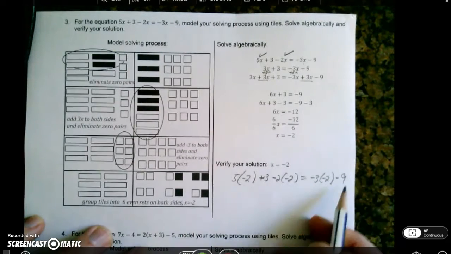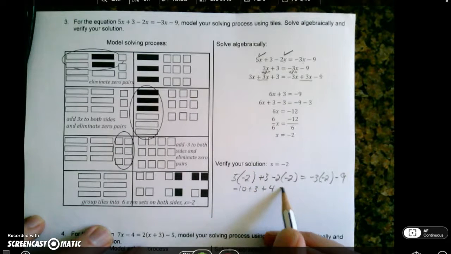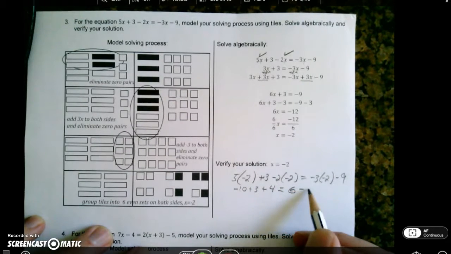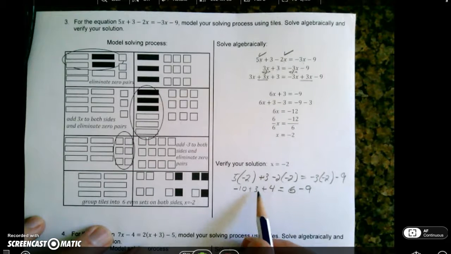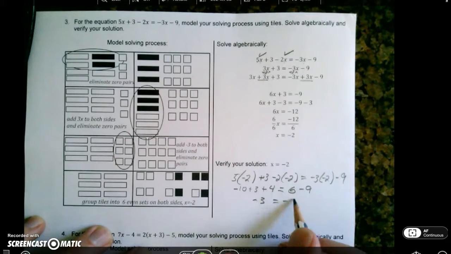This is negative 10 plus 3. Negative times a negative is a positive 4, equals, that's positive 6 minus 9. So let's see, negative 10 plus 3 is negative 7. Negative 7 plus 4 is negative 3. And guess what? 6 minus 9 is negative 3. We have verified it.